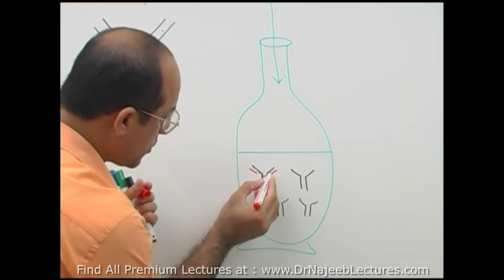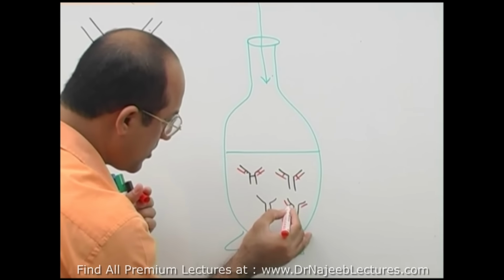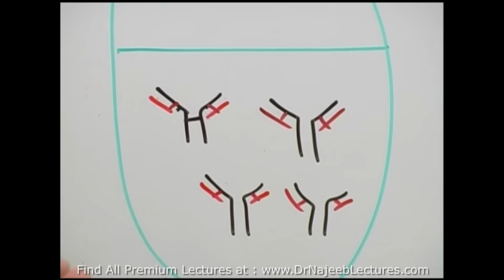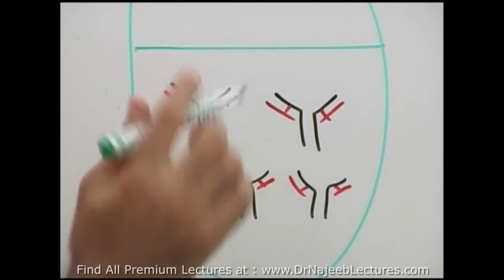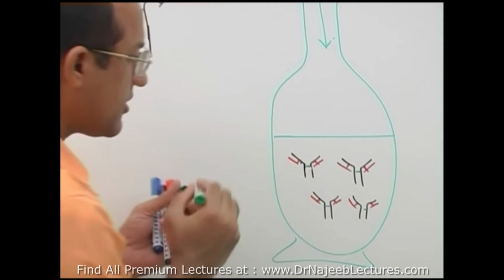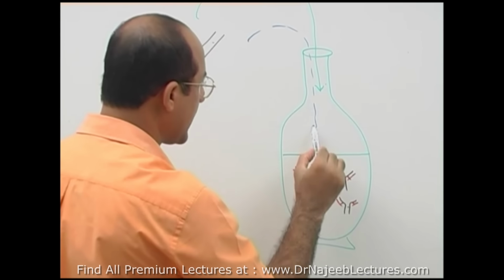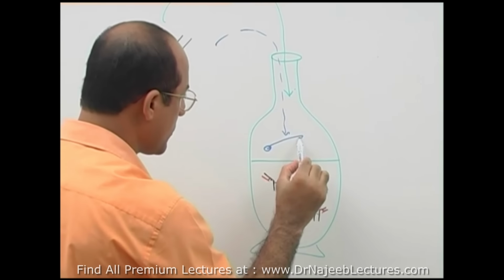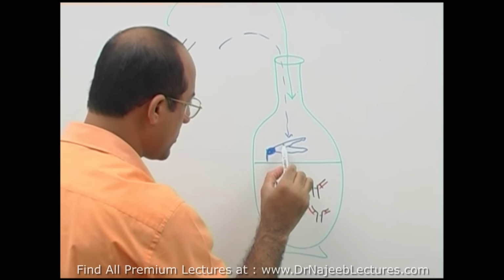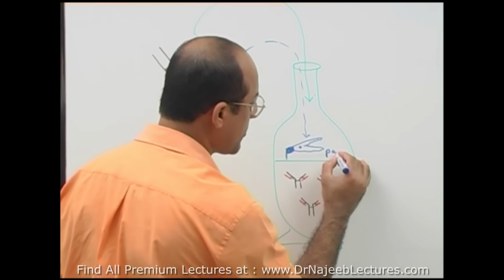These are the antibody molecules which we have put into this container, and of course they are held together by disulfide bonds. Now what the researchers did, they added a very naughty type of enzyme. What is this enzyme? This is called papain.